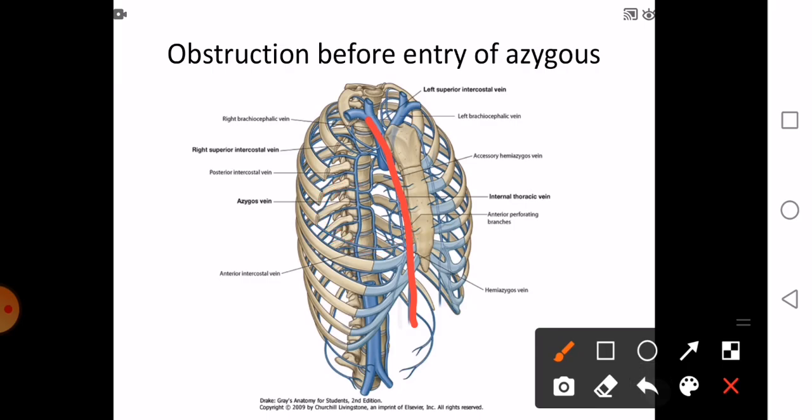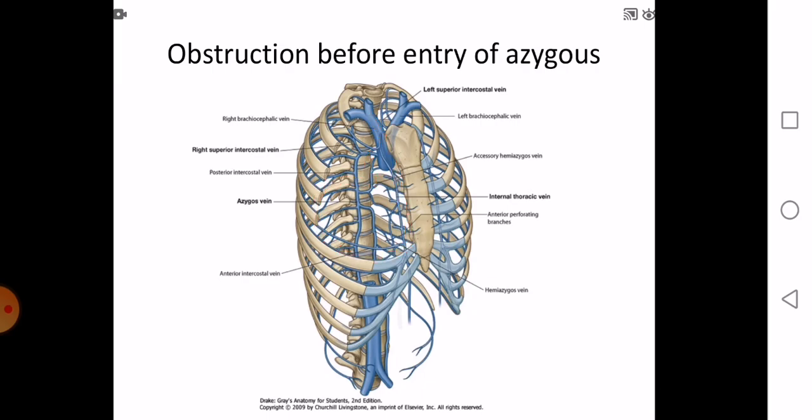So the route would be get the blood into the internal thoracic, from there into the anterior intercostal, from there into the posterior intercostal, and then into the azygous, and then the azygous will bring it back into the superior vena cava after the obstruction, and then into the heart. So that is the route you go for when the obstruction is above the entry of the azygous.